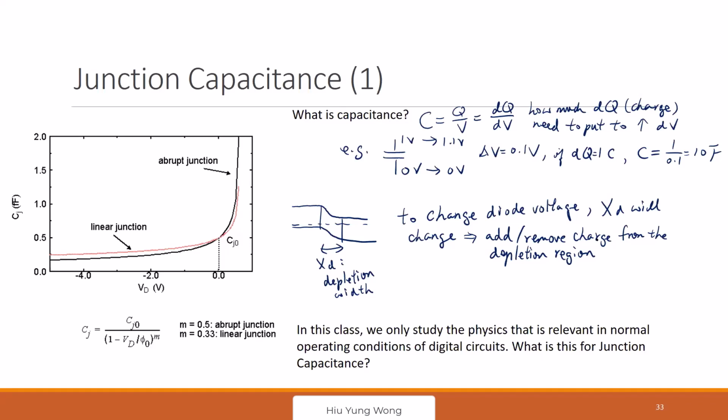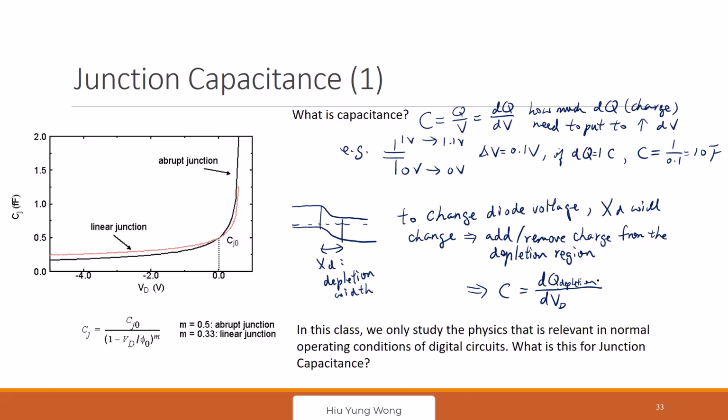So there is a dQ in this process. And that's why I have a capacitance equal to dQ/dV. And this V is V_D, the diode voltage, and this Q is the depletion charge.